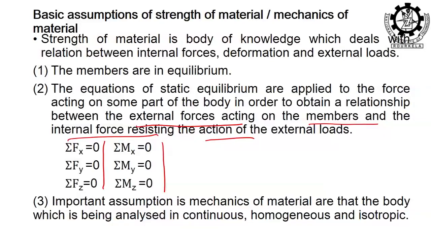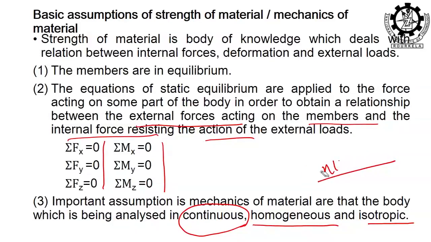Now, an important assumption in mechanics of material is that the body being analyzed is continuous, homogeneous and isotropic. I said earlier that we will find homogeneous and isotropic in every single step, and one more case is continuous, which I discussed in the very first slide when I discussed the classification of mechanics. We are talking about the continuum body.